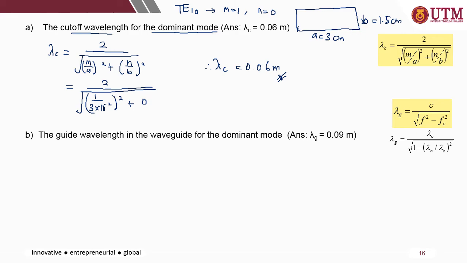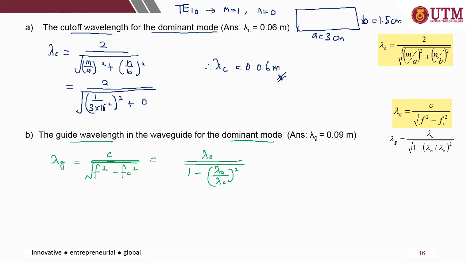Okay, next, the guide wavelength in dominant mode as well. So refer to the equation. So lambda g equal to c over the square root of f squared minus fc squared, or this one equal to lambda naught divided by the square root of 1 minus (lambda naught divided by lambda c) squared.